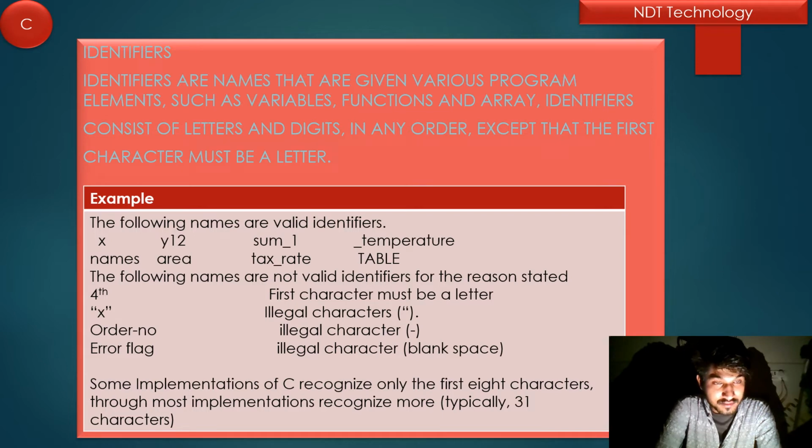The second is "x" in double quotes. We cannot write a program with quotation marks, and just write x, it is also an illegal character, right? Then order-number: the dash is also an illegal character with respect to this kind of programming. And then error flag: illegal character, thrown by the compiler because of the blank space.